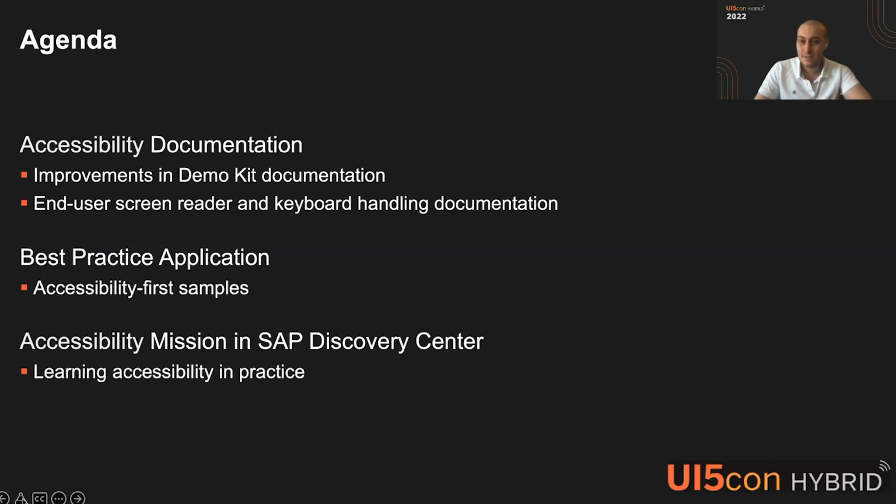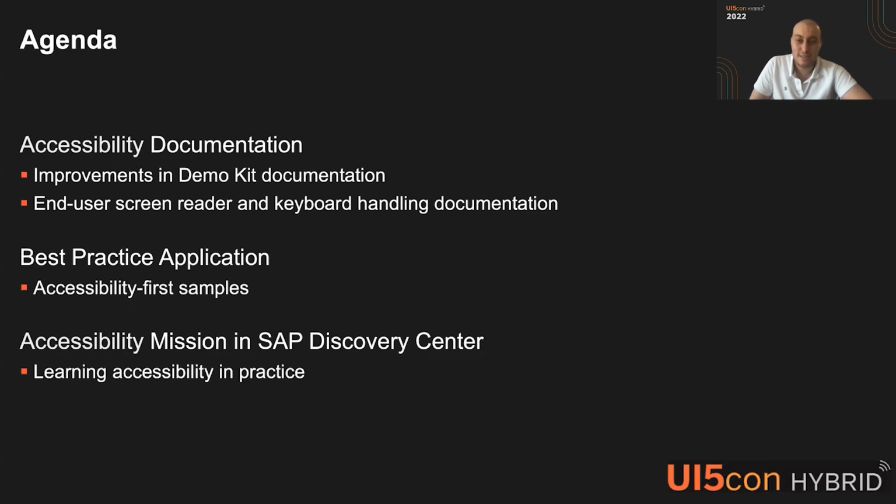So this is the agenda for this presentation. We will first see what was improved with our accessibility documentation that is in the demo kit. Then, although we made many improvements to the documentation, nothing is better than the code examples. So this is why the accessibility best practice application is now live, and we will take a look at some accessibility first samples that show how to apply the correct APIs.